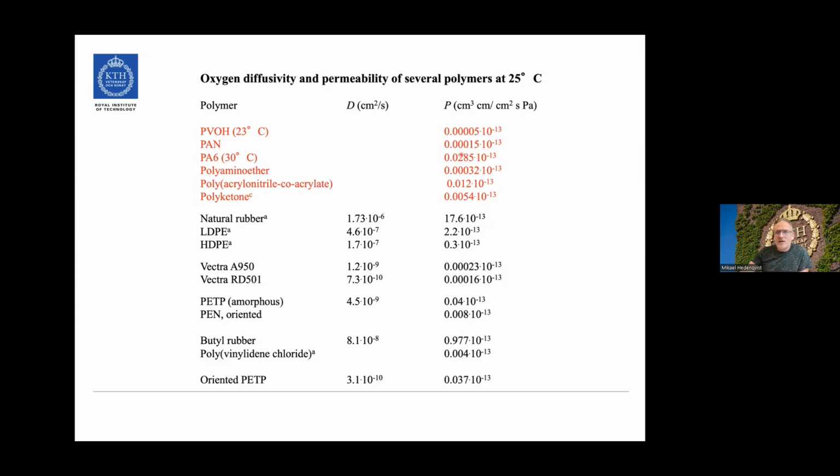You go from 1, 2, 3, 4, 5, 6, 7, is it 7 magnitudes? Essentially. Now that's natural rubber. So, six magnitudes in permeability between these two cases, which shows the extreme effect of hydrogen bonding.